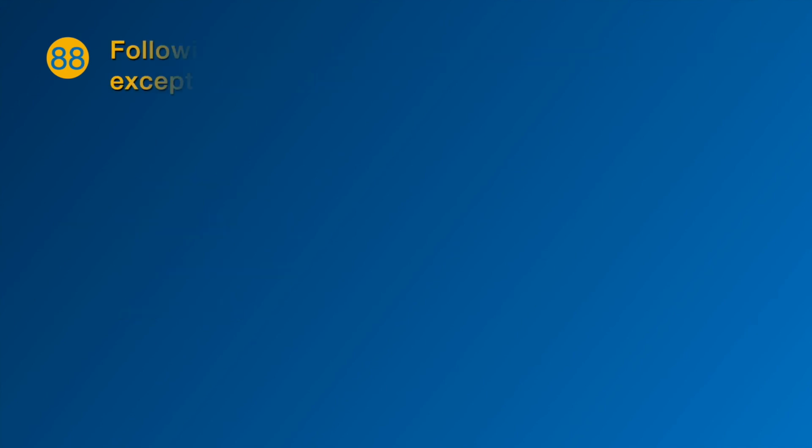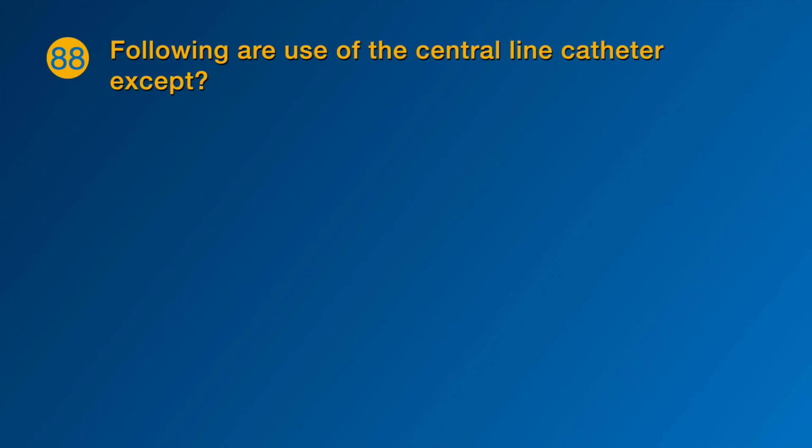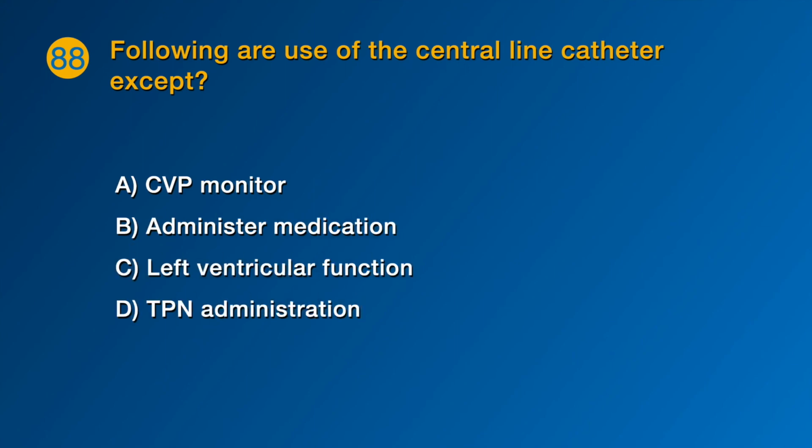Next question is, following are use of central line catheter except. Options are CVP monitor, administer medication, left ventricular function, TPN administration. So answer is C. Left ventricular function. CVP full form is central venous pressure and TPN full form is total parenteral nutrition.